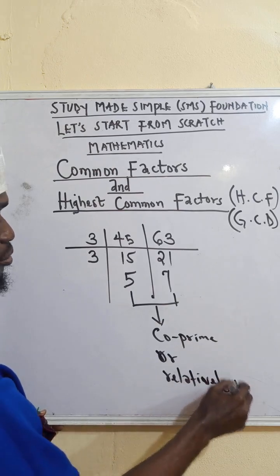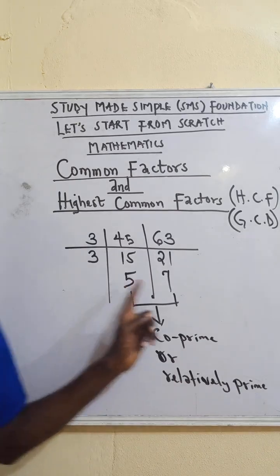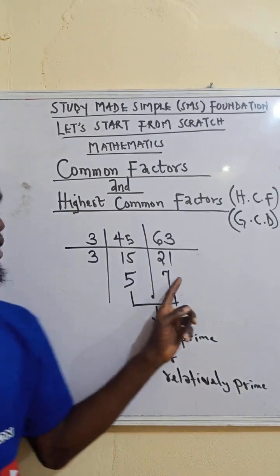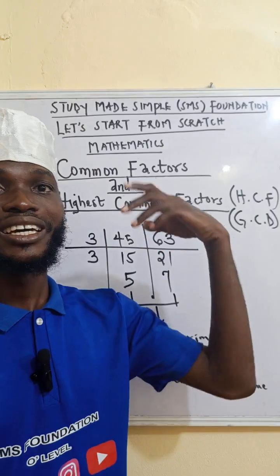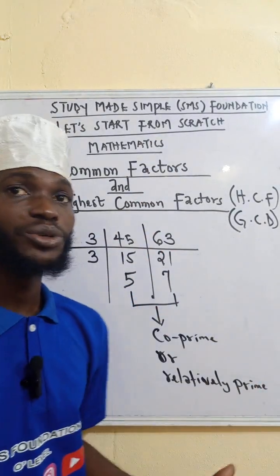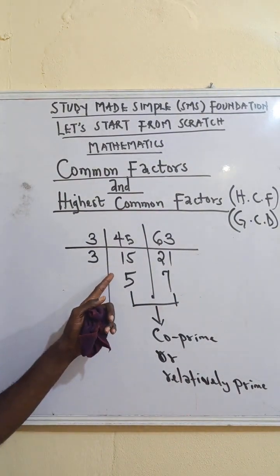That is, if it is only 1 that is common to two numbers, it may be 5 and 7, it may be 2 and 3, it may be 5 and 8, and so on. It is only 1 that can divide both of them. So we stop at this point.